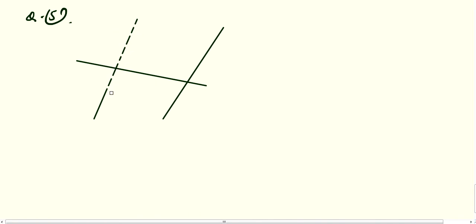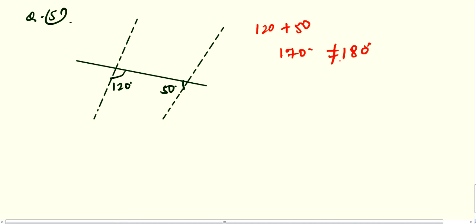We have to find whether these dotted lines are parallel or not. So this angle is 120 degree and this angle is 50 degree. If these two dotted lines are parallel, they should have a sum of 180 degree between them. So we have here 120 and 50. If we add 120 and 50, we get 170, which is not equal to 180. That means these two lines are not parallel.